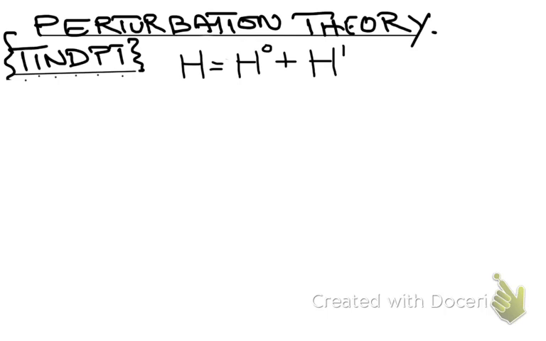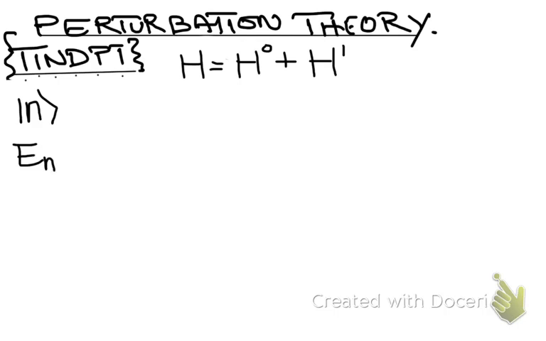So my unperturbed Hamiltonian is H0 in superscript, and my perturbed Hamiltonian is H1. Alright, now let's expand my energy eigenvalues and my eigenstates in a perturbation series. So this is my eigenstate and this is my energy eigenvalue.